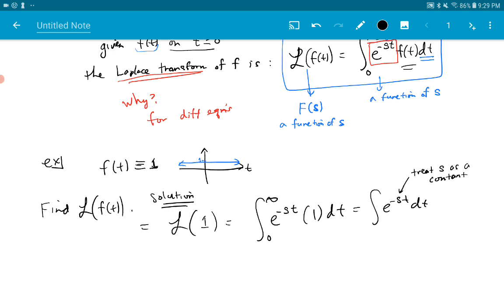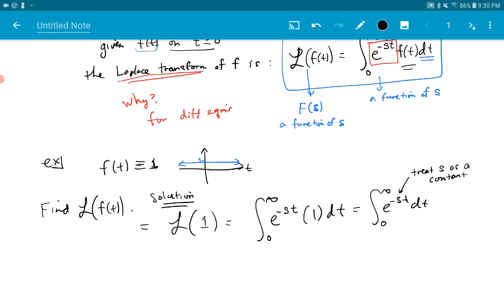If you take a class in multivariable calculus, you'll learn that when you're doing calculus on one variable, you treat the other variables as constants. So treat it as a constant, meaning you would handle this integration the same way you would handle the integral of e to the negative 10t or e to the negative 6t or something like that.